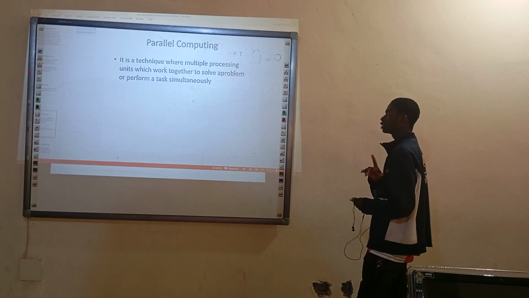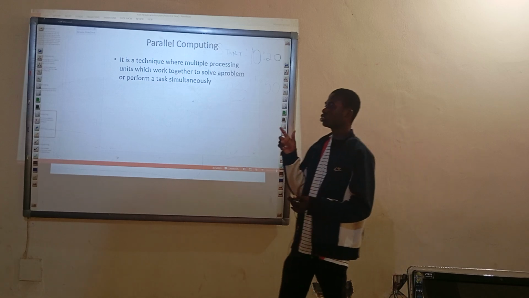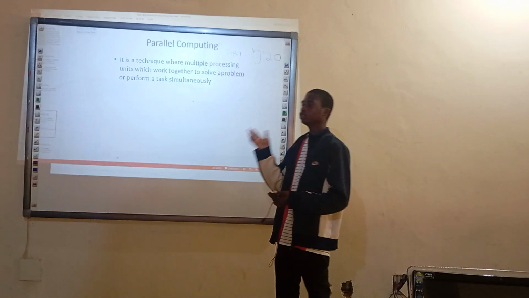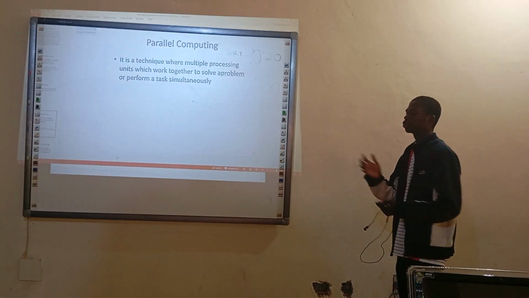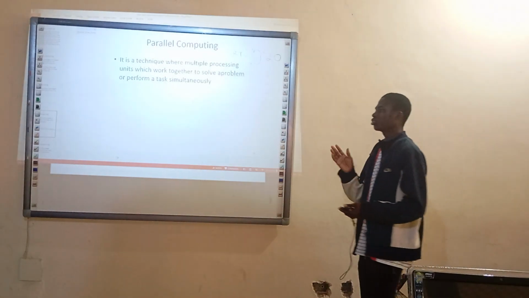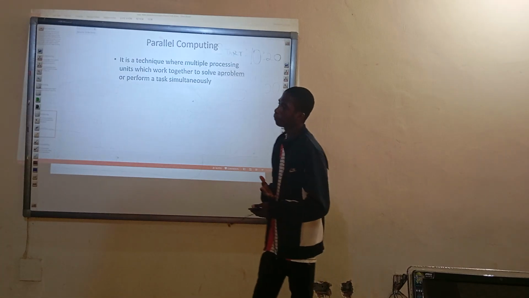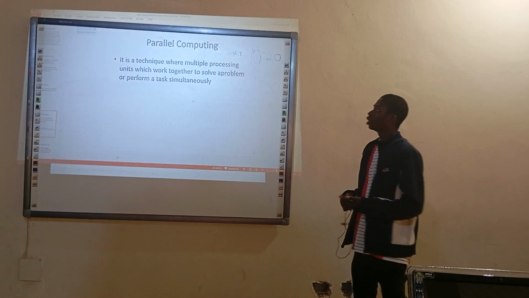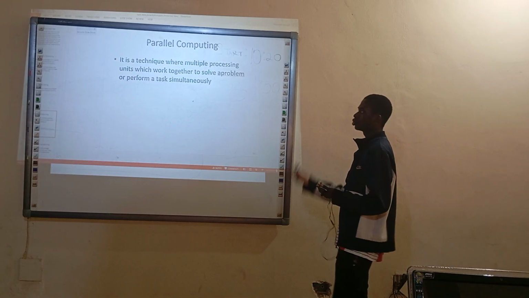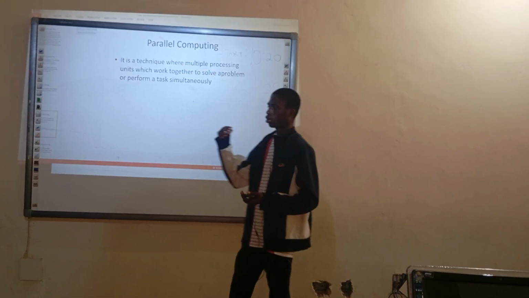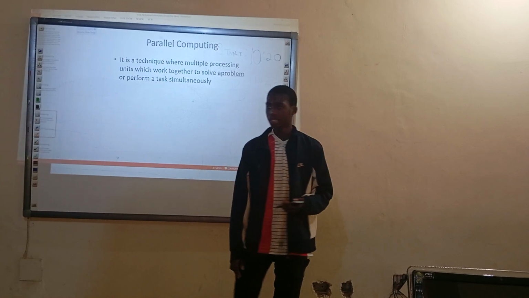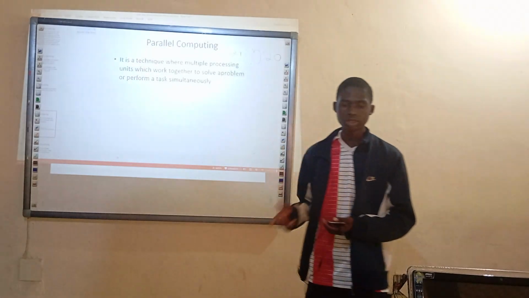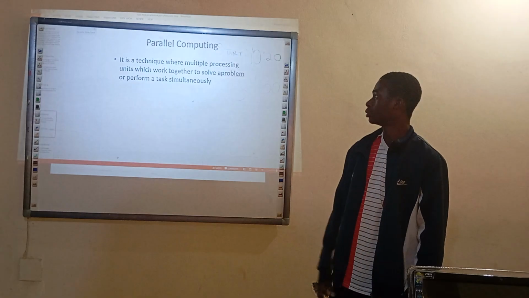But in concurrency, we use a single processing unit, just like in serial coding. The only difference between serial coding and concurrency is that serial coding executes its program sequentially, while concurrency executes its program simultaneously. So that is the difference between serial coding, concurrency, and parallelism.